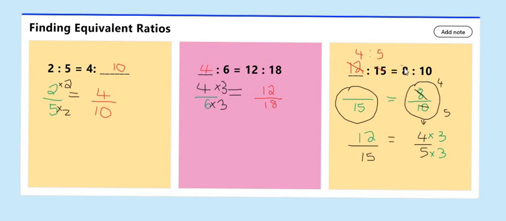Let us use 2. 2 into 8 goes 4 times, and 2 into 10 goes 5 times. So you see, both ratios simplify to the same ratio. So now we know that they are equivalent. And students, this is the second method that you can use to find equivalent ratios.